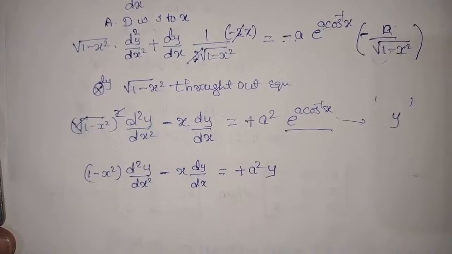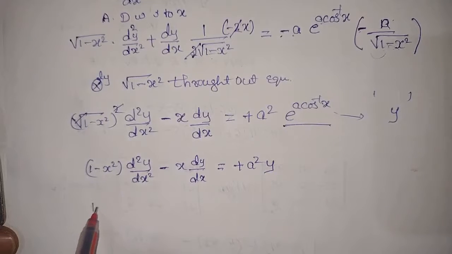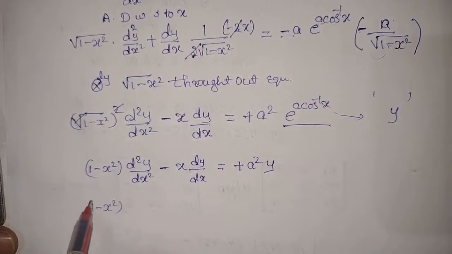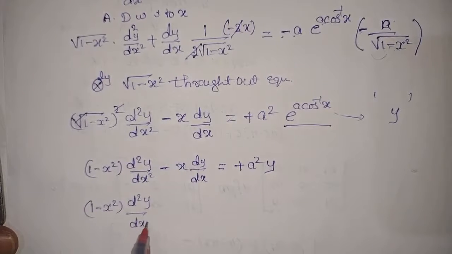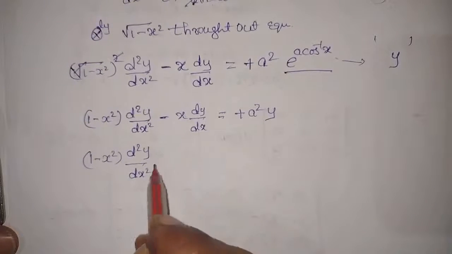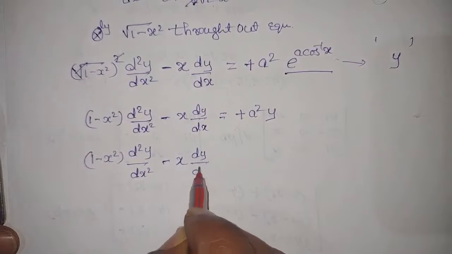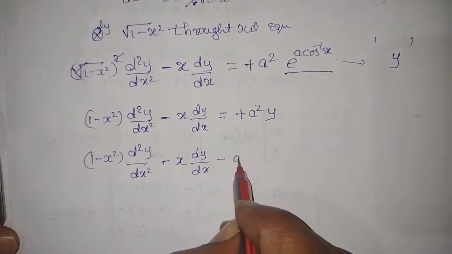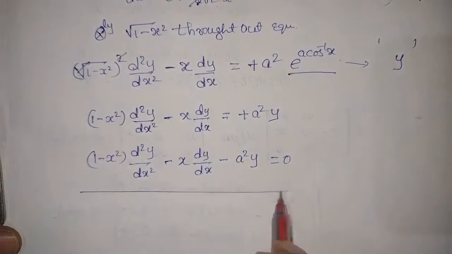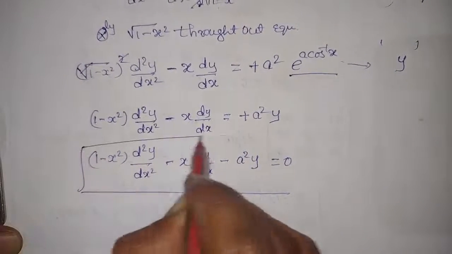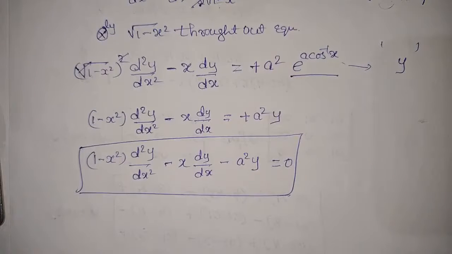Again, a square y comes to the left hand side, so 1 minus x square into d square y by dx square minus x into dy by dx minus a square y is equal to 0. This is called the required solution or required proof.